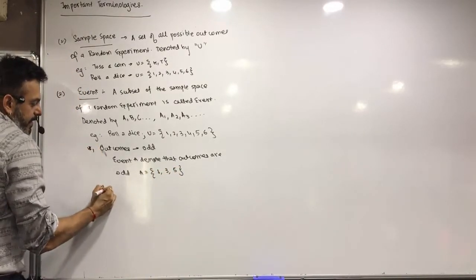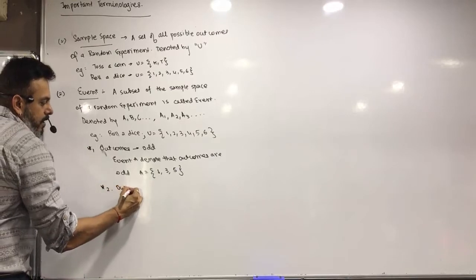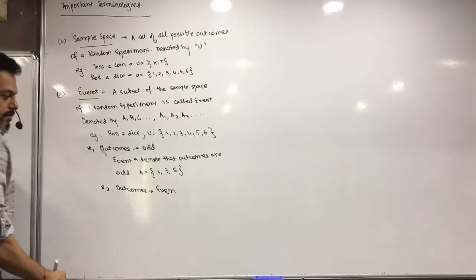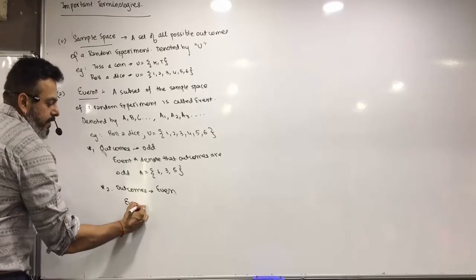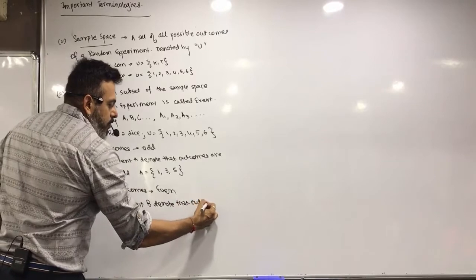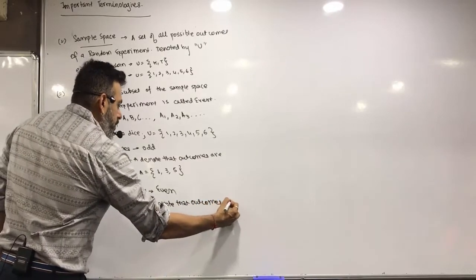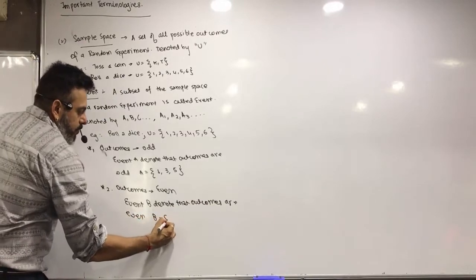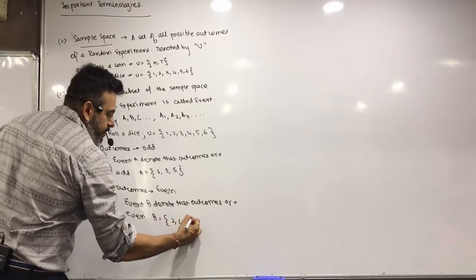First example. Second example: outcomes even. So we say event B denotes that outcomes are even. So B is equal to 2, 4, 6.